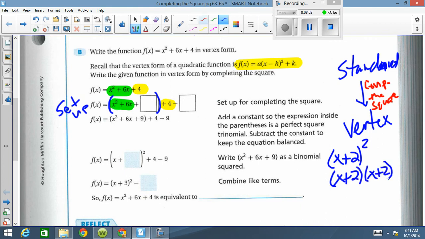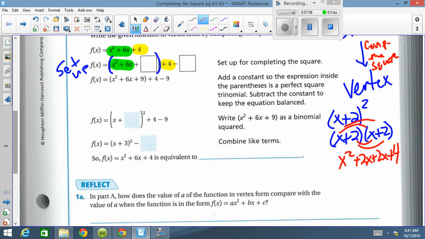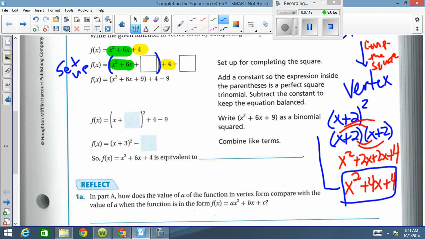When I multiply this out, when I do FOIL, first, outside, inside, last, I get x squared plus 2x plus 2x plus 4. And when I combine those together, I get x squared plus 4x plus 4. This is a perfect square trinomial because it is the product of multiplying something times itself.